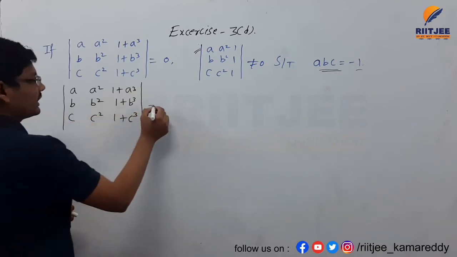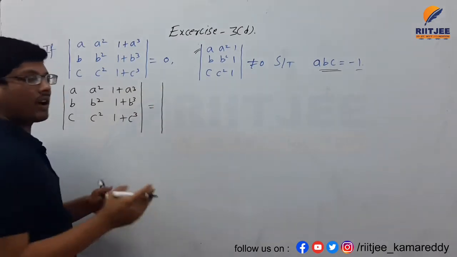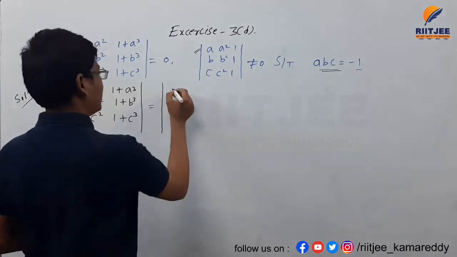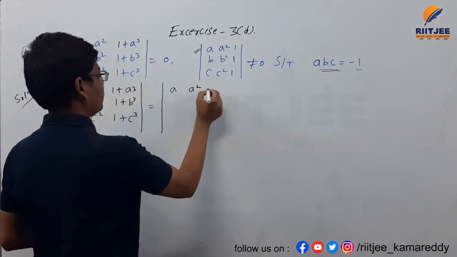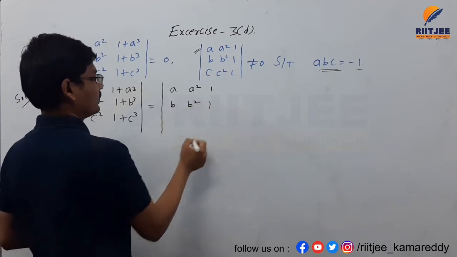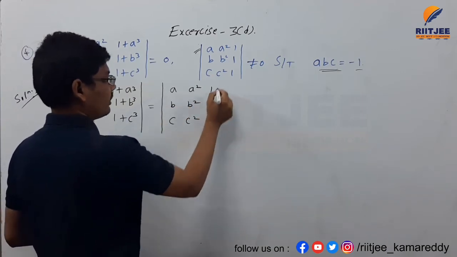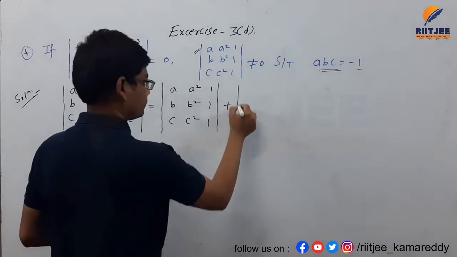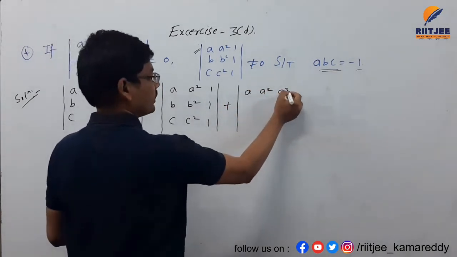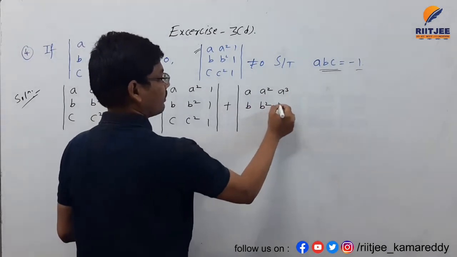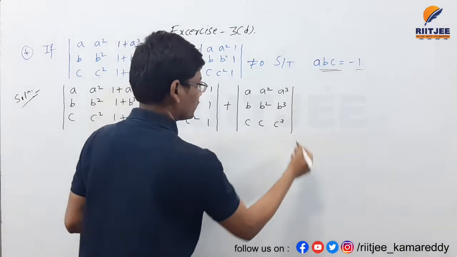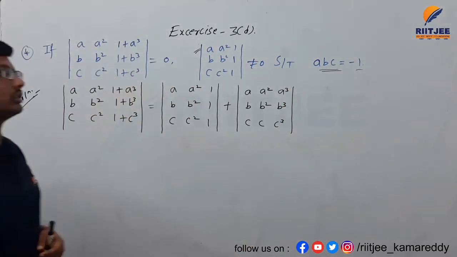So I am writing this determinant as the sum of two determinants: |a, a², 1; b, b², 1; c, c², 1| plus |a, a², a³; b, b², b³; c, c², c³| is equal to 0 here.